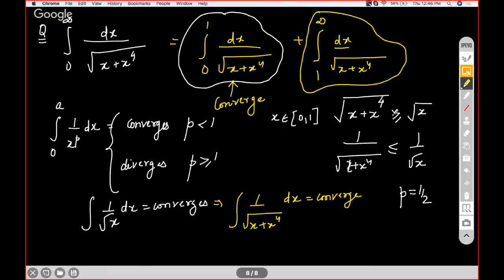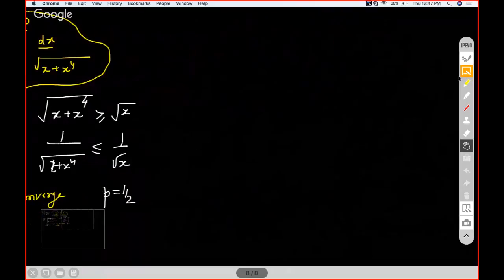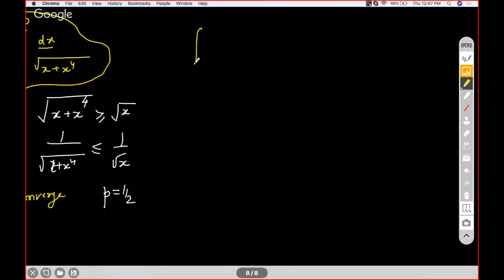Can you similarly reason it out? I've given you half the hint. So just recall the integral from 1 to infinity of 1 by x to the power p dx.